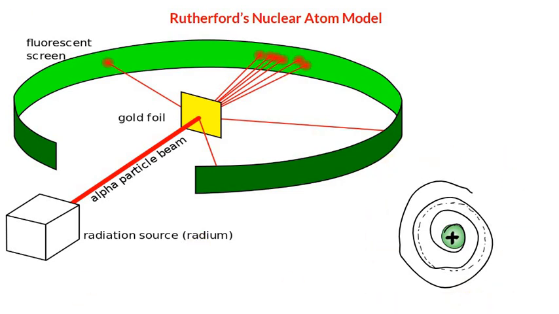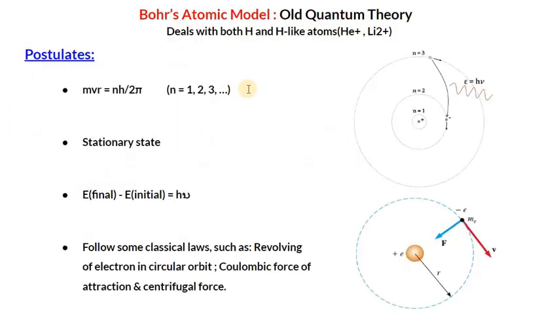Next, in 1913, Bohr gave another model that was based on old quantum theory. So we have entered into quantum theory. Why old quantum theory, and what was the new quantum theory? We need to know that. Old quantum theory means the quantum theory where both classical mechanics and quantum mechanics are involved.